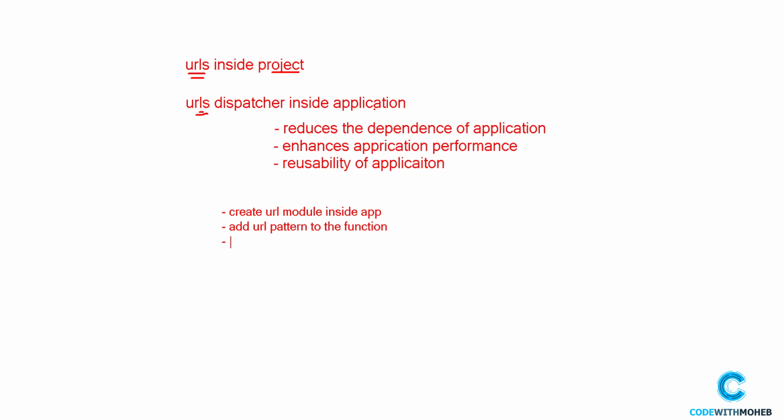Third one is that we add the URL module of the application inside our project. Map the URL of application inside project. It is quite simple once we do our project. So let's first make our project.